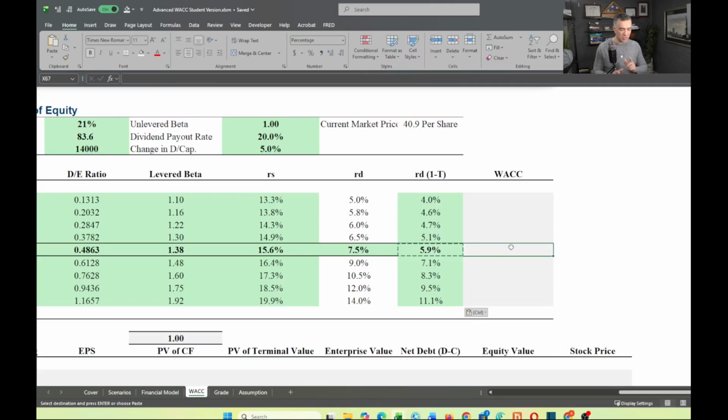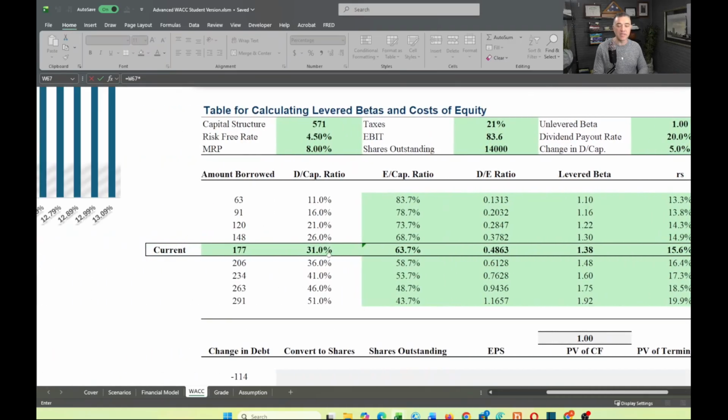And now we can calculate our WACC. So again, what is WACC? It's the weighted average cost of capital. I'm going to do debt first. I'm going to take the after-tax cost of debt, and multiply it times the amount we have borrowed, the weight. We want the percent of debt.